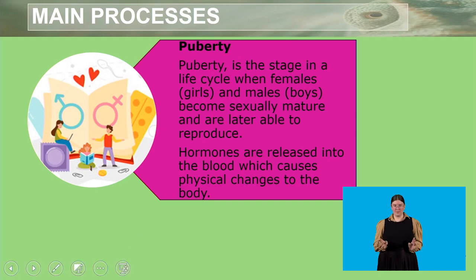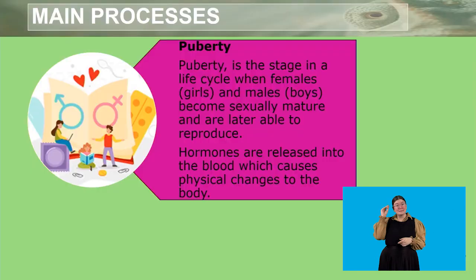So with all the processes that I have mentioned and named, these are all happening in a cycle, just like we reminded ourselves of the life cycle of a butterfly. So once you go through puberty, then you become sexually mature, and you are able to reproduce.